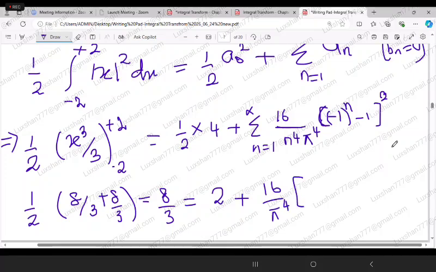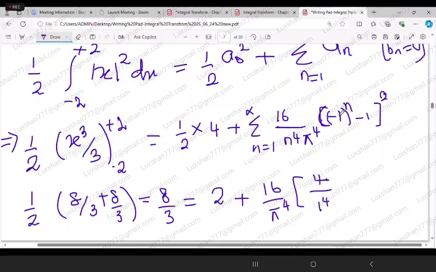And if you write the series, for example, if you put n equal 1, then what is the answer of this one? Minus 1, that is minus 2, minus 2 squared means we get 4 over 1 to the power 4.